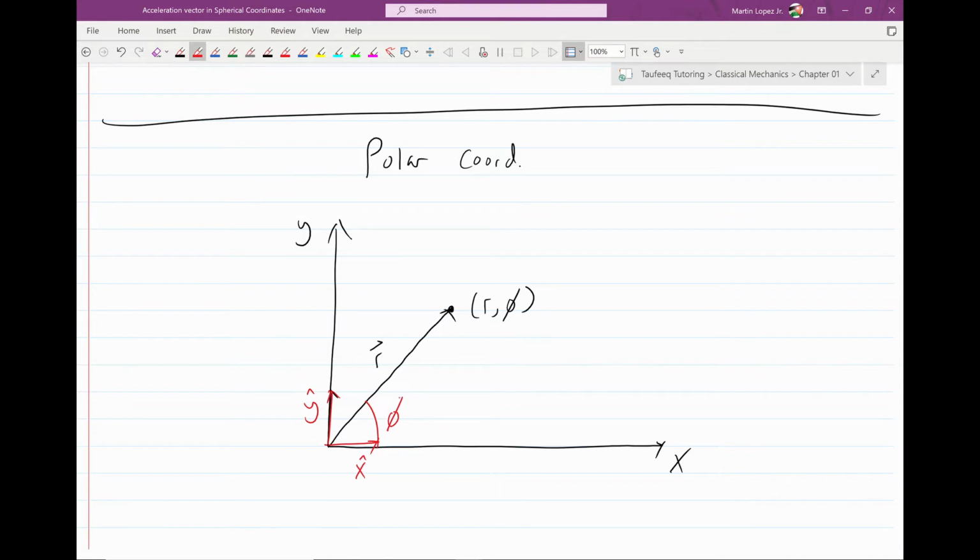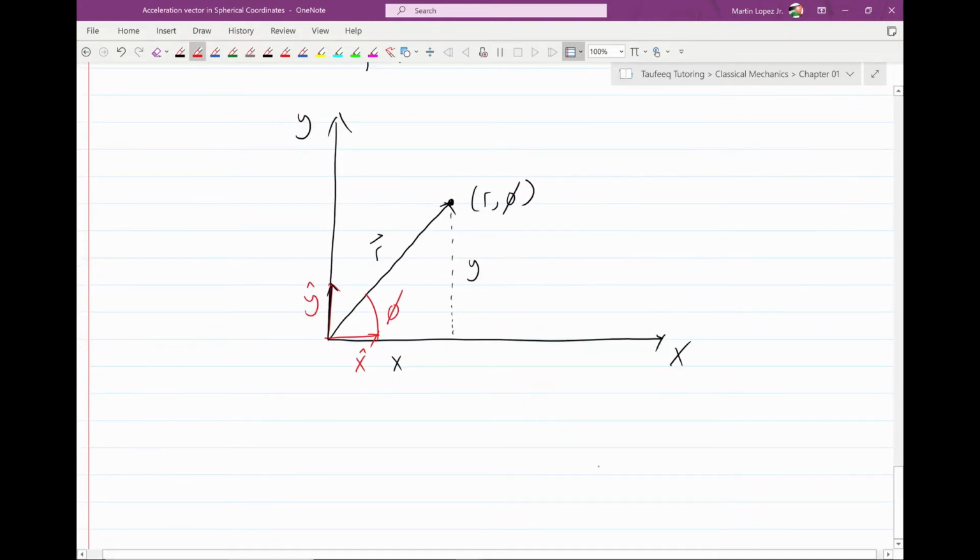Okay? So if you specify the length of a vector and the angle, then you can get any position in this 2D plane, in this coordinate system. Now, when we convert to polar coordinates, we still have to think of x and y, and we'll do that in a second. So there's a few ways to represent this position vector.